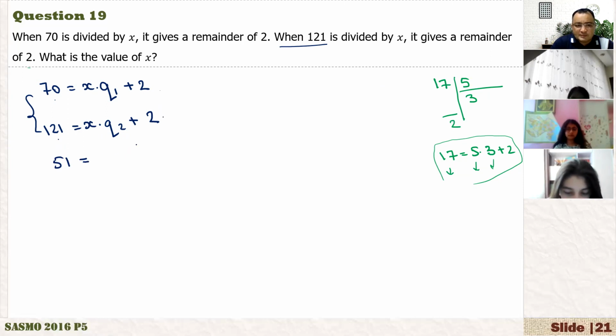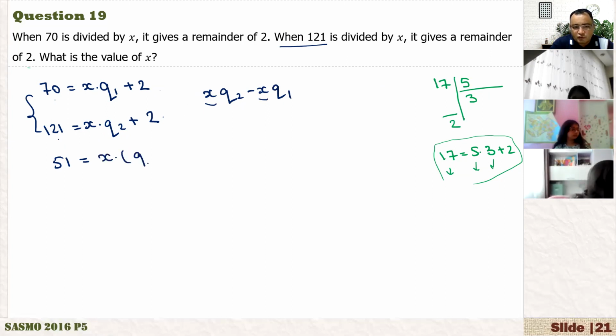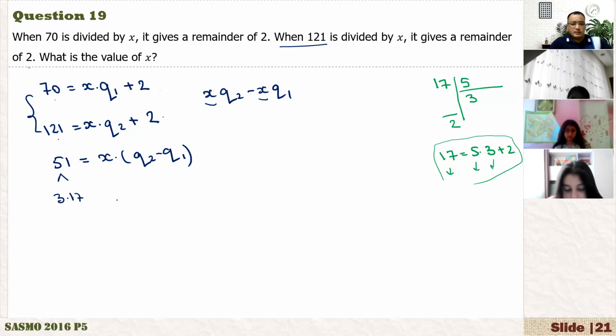And here we have x q2 minus x q1. x is a common factor, I can take this out, so I can write it as x times (q2 minus q1). So we know that this 51, the only way I can write it is 3 times 17 or 17 times 3.